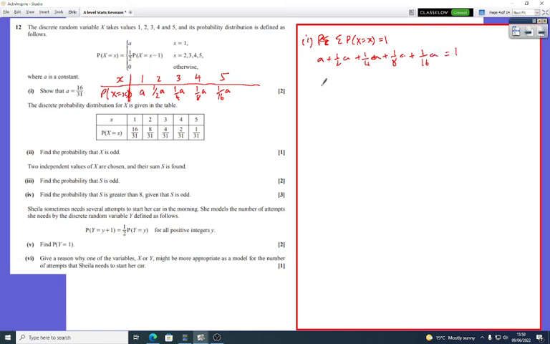So we could put them all over 16, which gives me 16a plus 8a plus 4a plus 2a plus 1a, all over 16, would equal 1. So times that over, and at the top we get 31a equals 16, so therefore a equals 16 over 31.